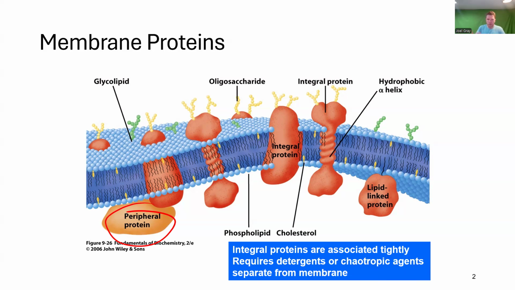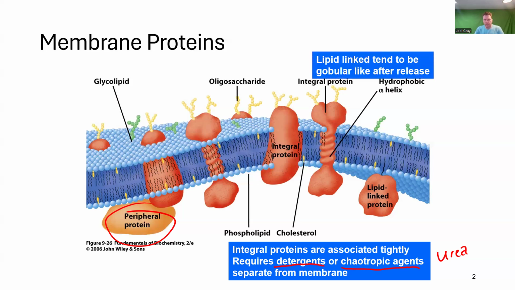Now, in order to liberate or free these, if you want to study them, you're going to have to use something like a detergent, something that's going to disrupt a hydrophobic compound. You also might have to use a chaotropic agent, like we've already talked about: guanidine hydrochloride, or urea, is another example of a chaotropic agent, in order to separate these from a membrane.